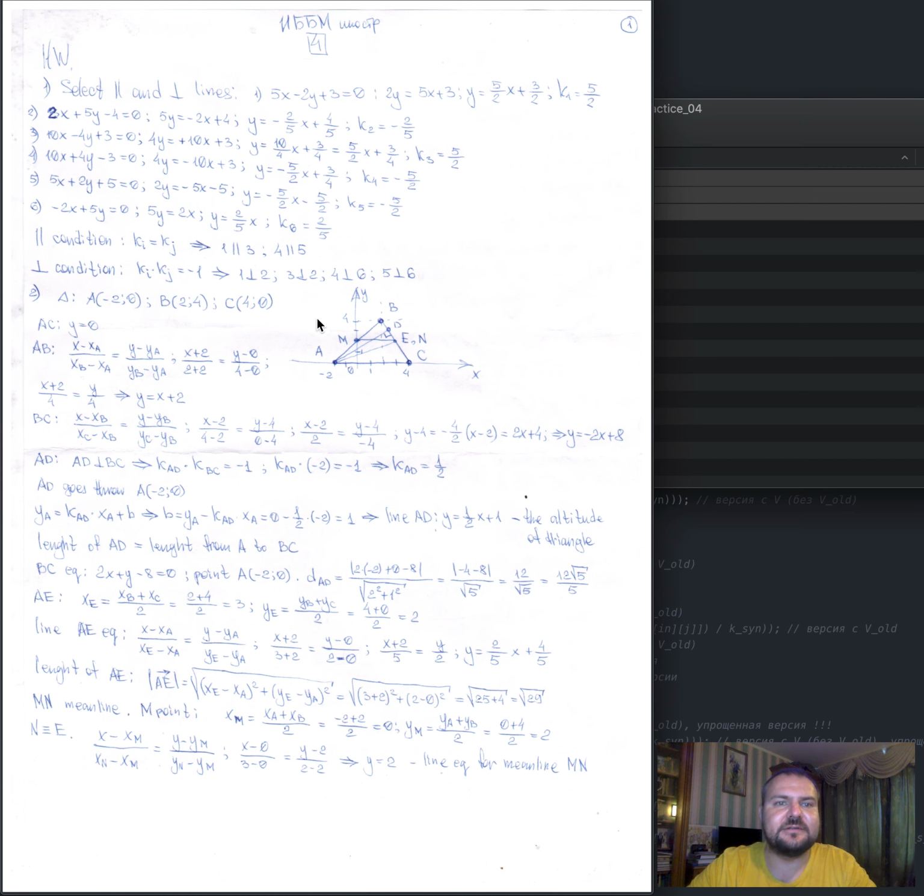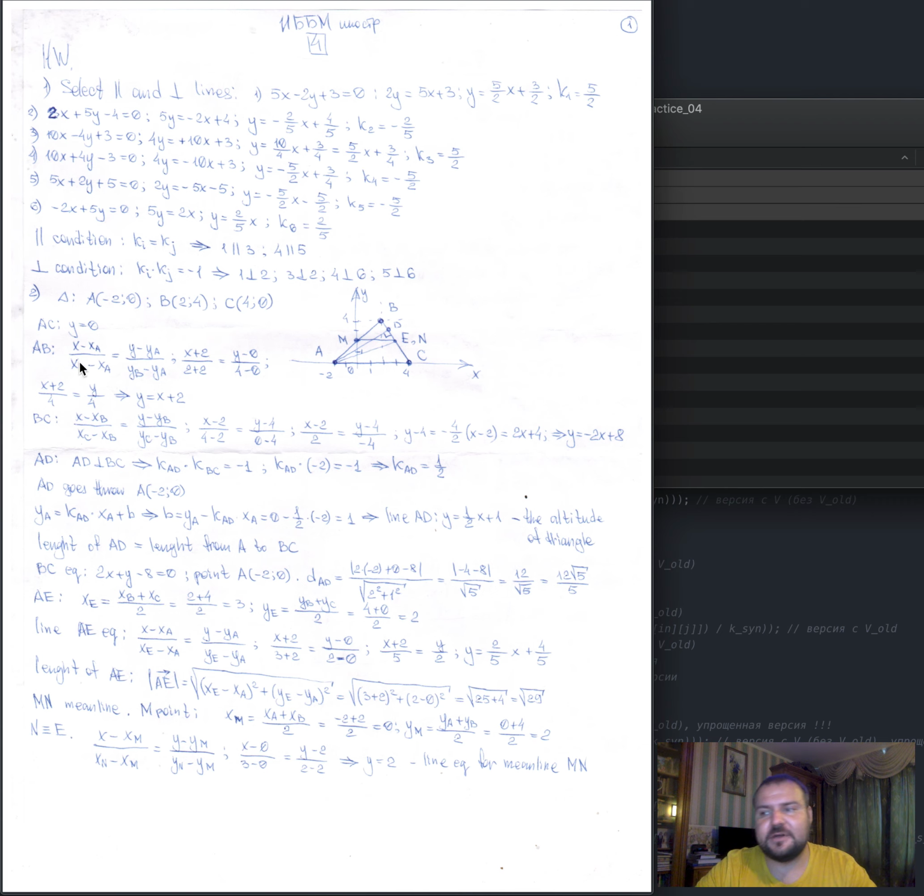For AC, we can see that the y values at A and C are 0, and so we can draw it on the xy plane. The equation for AC will be y equals 0.